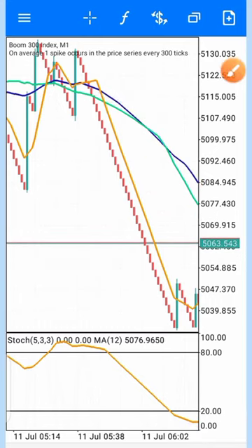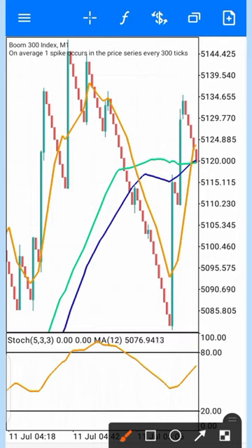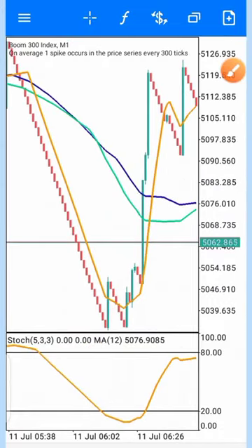So anytime you see this, this is Boom 300. For Boom, to catch spikes we are buying.